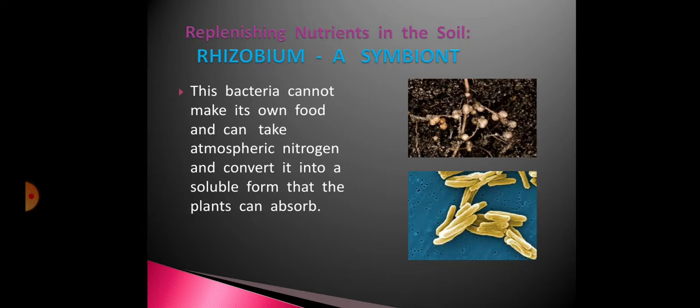These bacteria live in the roots of gram, peas and beans and other legumes and provide them with nitrogen. In return, the plants provide food and shelter to the bacteria. Thus, we can say that rhizobium shows a symbiotic relationship.